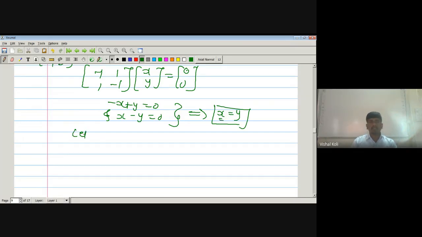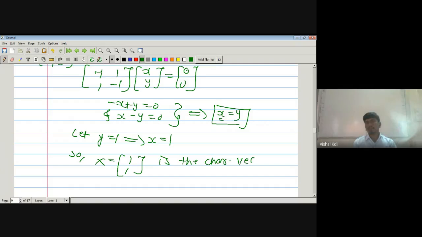So let y equal to 1, which implies x equal to 1. So capital X equal to (1, 1) is the characteristic vector corresponding to eigenvalue lambda equal to 3.